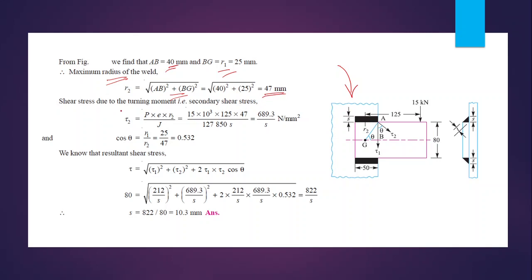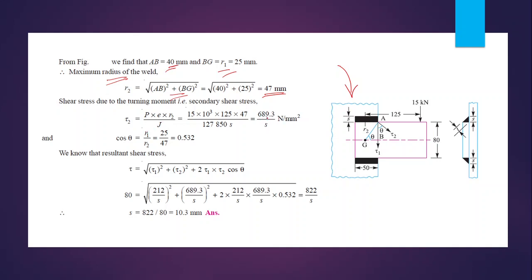Then the shear stress due to turning moment, or secondary shear stress, is given by an equation we have already derived: tau 2 is equal to P into E into R2 divided by J. That's P is equal to 15 into 10 raised to 3, E is equal to 125 mm, and R2 is equal to 47, already found in the previous step, divided by 127,850 S, which is the polar moment of inertia.